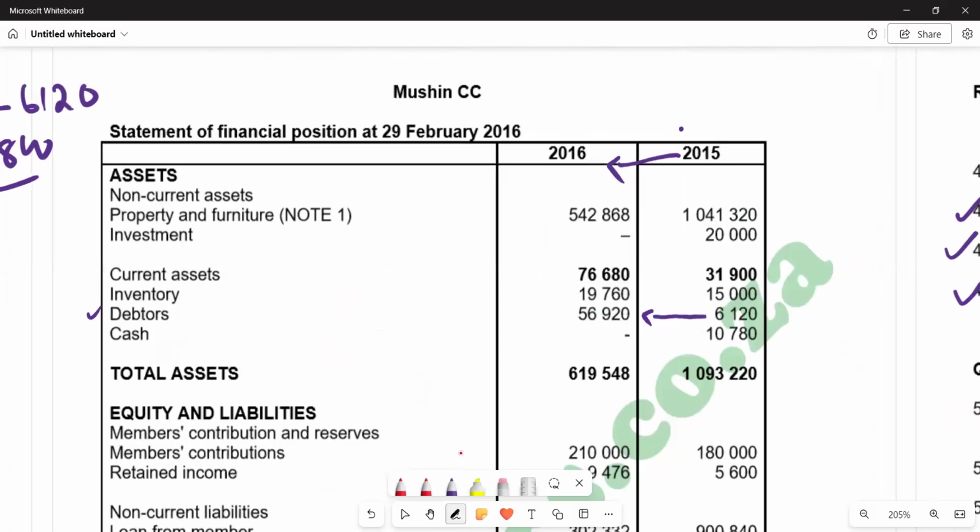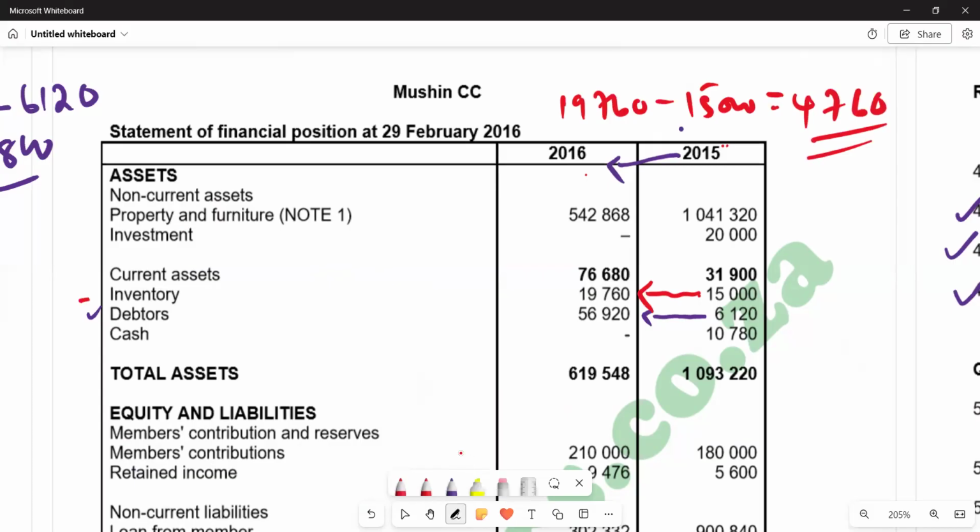Under current assets, we see that we have our inventory here, and it's coming from 15,000 to 19,760. Remember, this is the previous year and this is the current year. So we're going to say 19,760 minus 15,000, and we get 4,760. This is an increase, so we're going to show it as a negative.